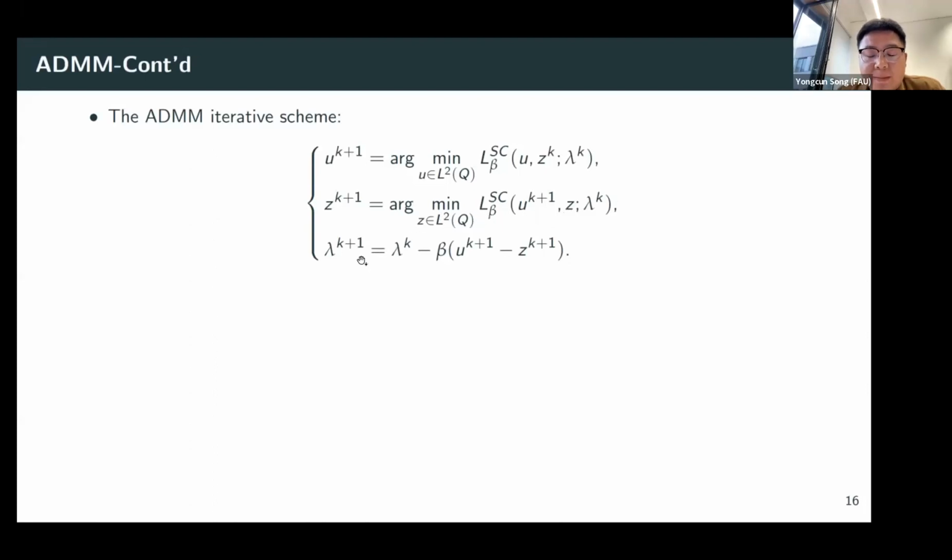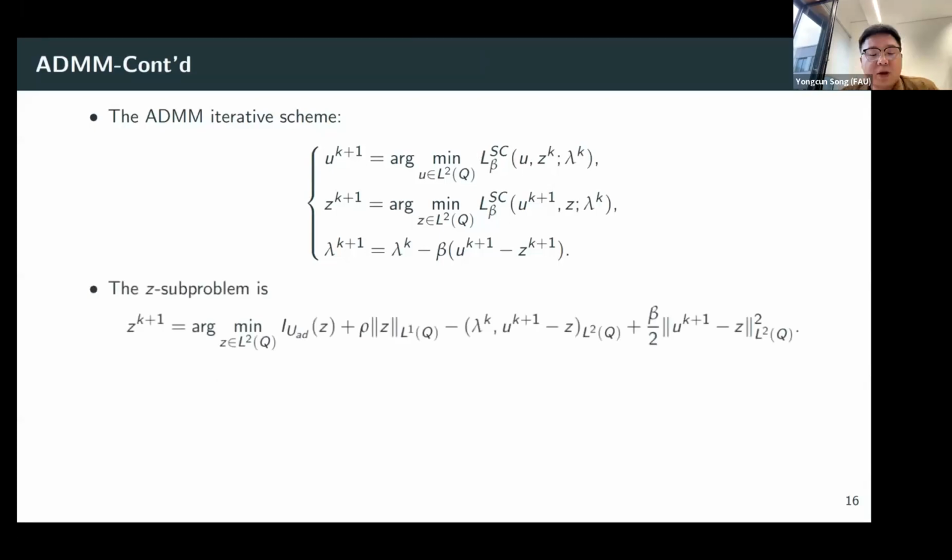Finally, we update the Lagrange multiplier. Actually, ADMM is a splitting version of the classical augmented Lagrangian method. That means if we solve the subproblems of u and z together, we get the augmented Lagrangian method. But here we split this subproblem in a Gauss-Seidel manner.